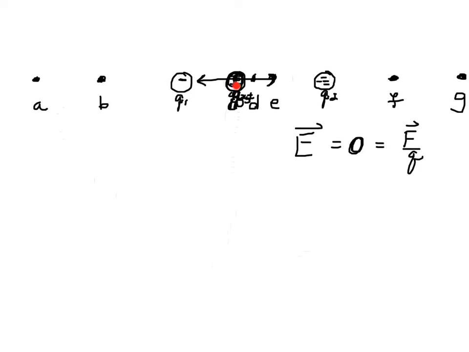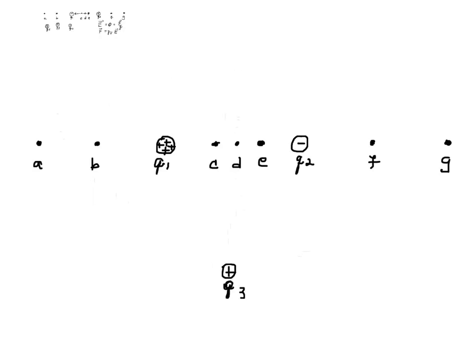So if this is the location where the electric field is 0, no matter what charge, magnitude or sign you put there, the electric force is going to be 0, because you can see from this equation that the force on any charge is going to be the magnitude of that charge, Q3, Q4, or Q5, times the electric field at that point. And if the electric field is 0, then the force will be 0.